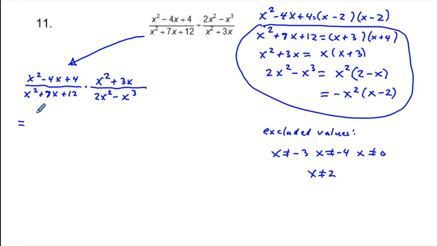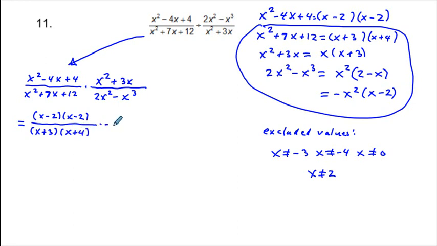So first of all, we rewrite this as x minus 2, x minus 2, over the second thing here, which is going to be x plus 3 times quantity x plus 4.